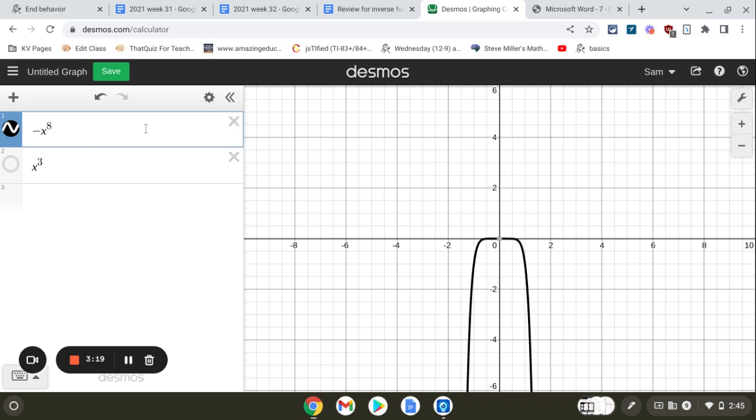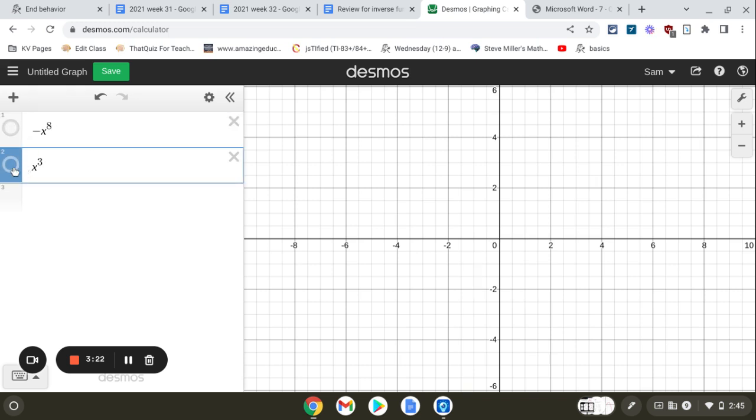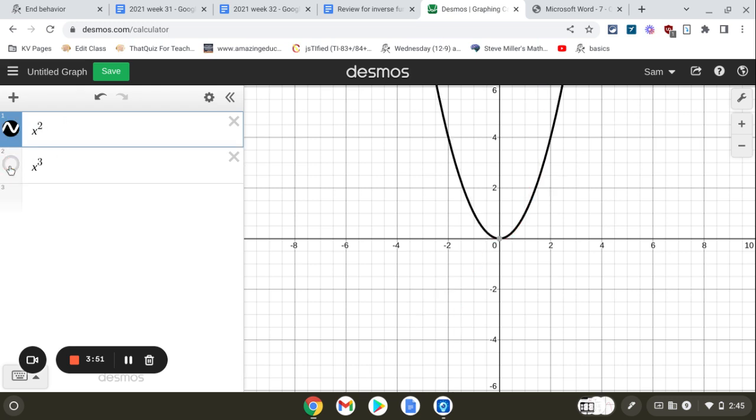And whenever it comes to odd powers, whether I'm dealing with something to the third power or the fifth power or the seventh power, if this is ever an odd number, this is going to be the general shape of it. Of course, if you put a negative out there, it flips it, makes it go the other way. So if you just remember the basic cubic function, this one, and the basic quadratic function, this one, as long as you know how to flip something across the x-axis, I think you should be able to feel your way through these.